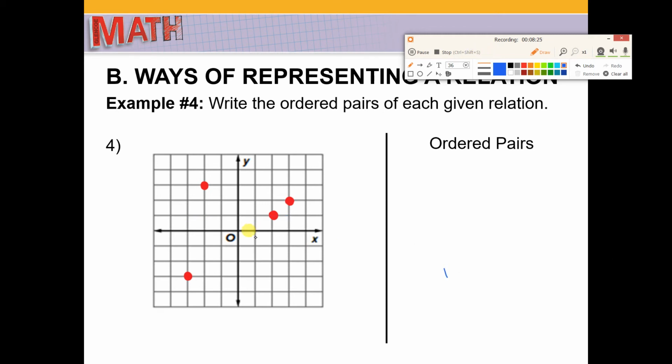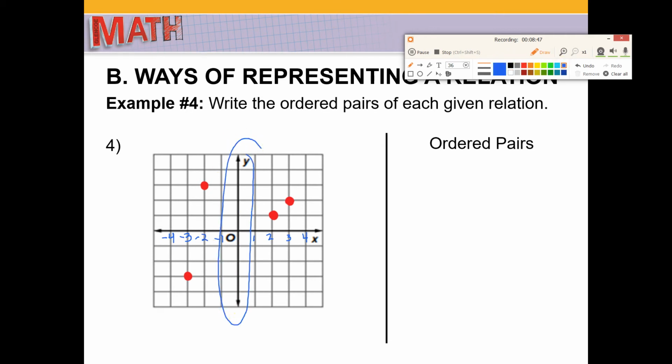So the right side would be positive numbers. So this is 1, 2, 3, and 4. And then the left side would be negative: -1, -2, -3, and -4. This is the same way with the y-axis.